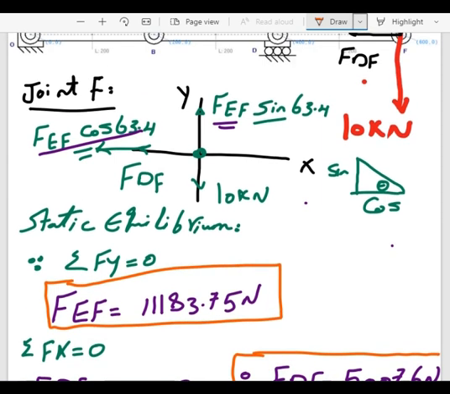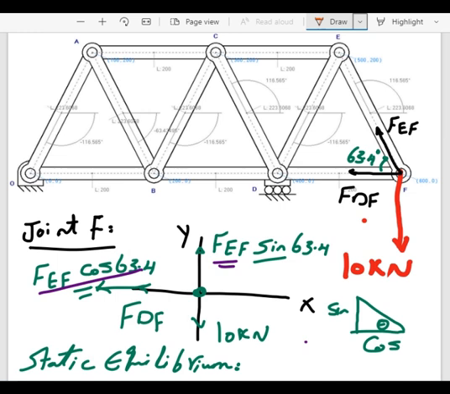Okay, so here someone might ask me why we choose this joint F, why we didn't choose joint D. That's a tricky one, because there you will have a lot of unknowns. So let's see, you will have force DE, and force DF, and force BD, and force CD.